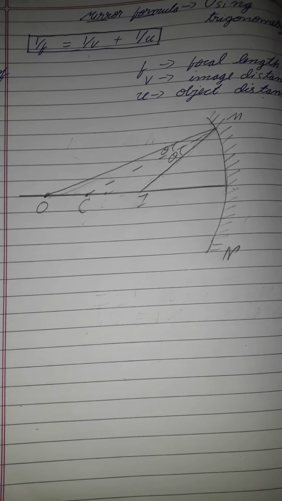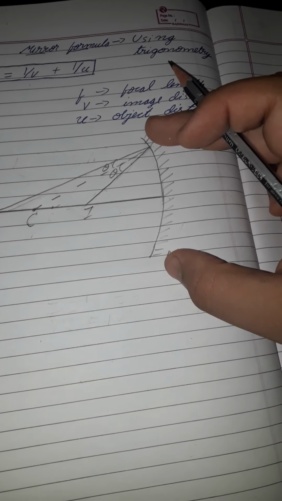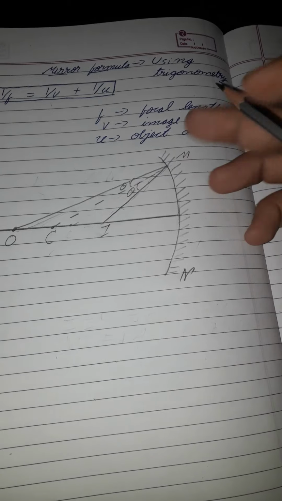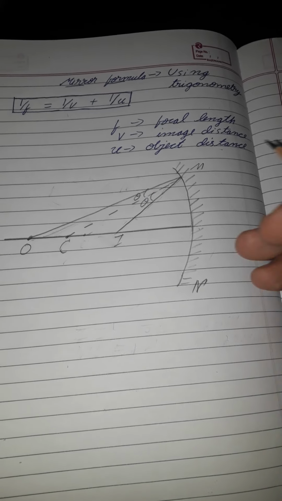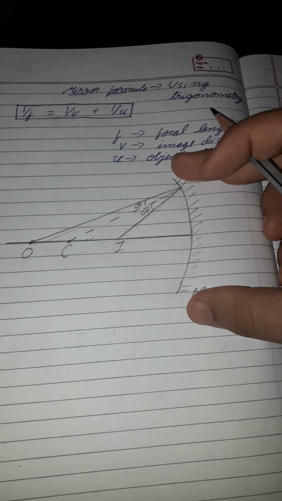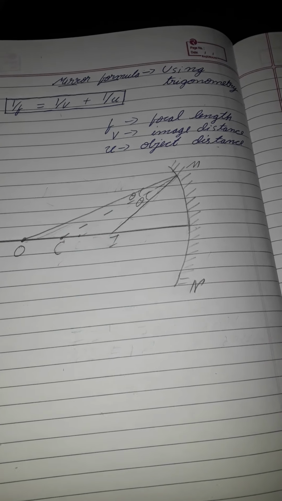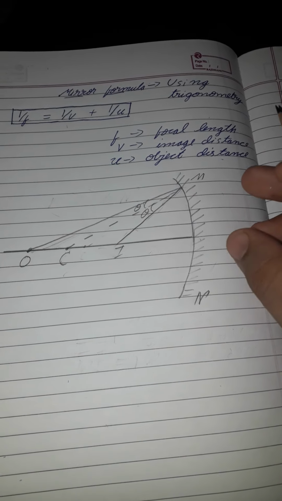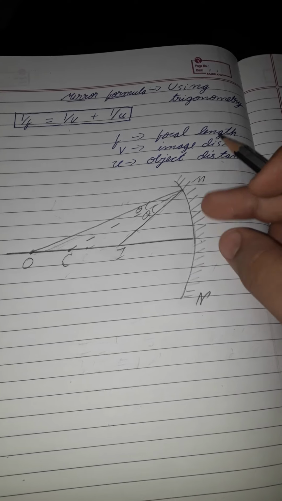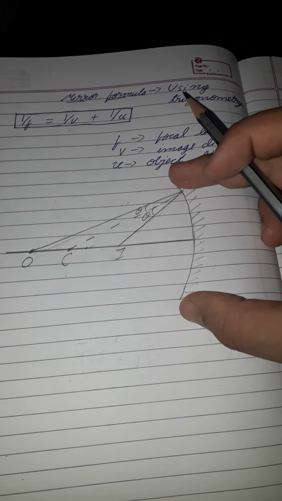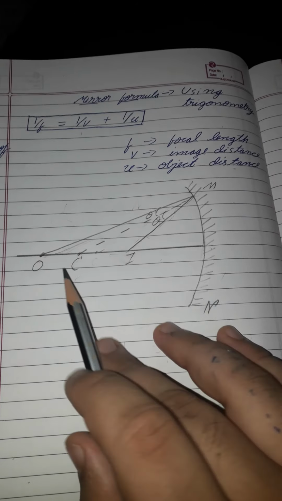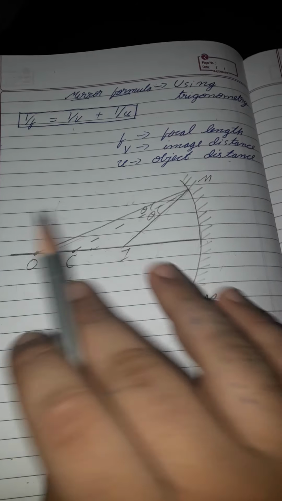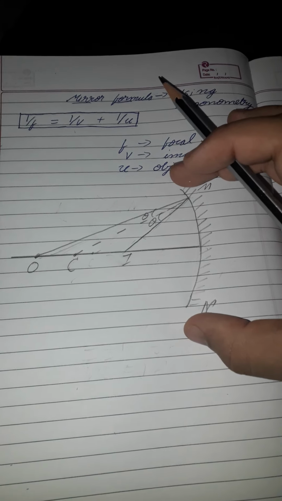This concave mirror, we assume it as a straight line instead of curved like this, because it is taken from a small part of a big sphere. We have taken this concave mirror from a small part of a big sphere, so that is why the radius of curvature is so large as compared to the aperture.